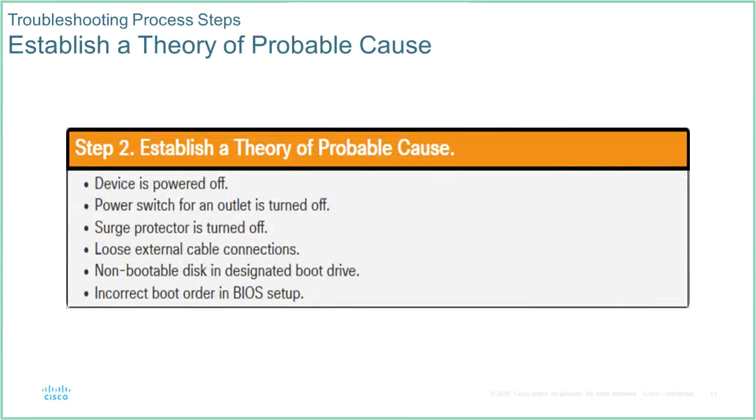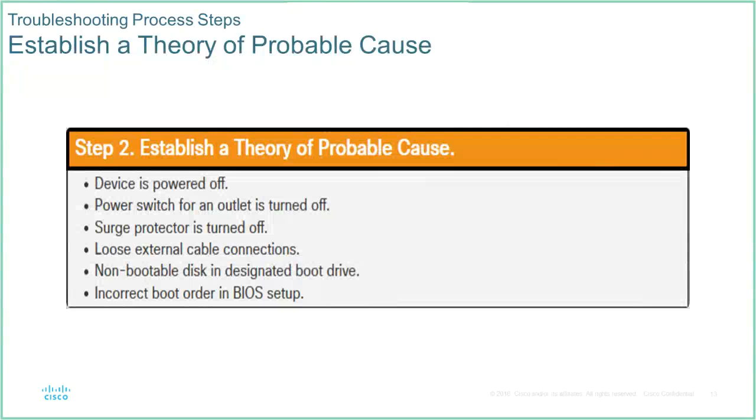And one more, the bootable disk, especially in the days when we used to boot off CD drives, if there's a non-bootable disk in the CD drive, for example, and it's still set to boot from the CD drive as a primary source, that will stop the system from booting up.